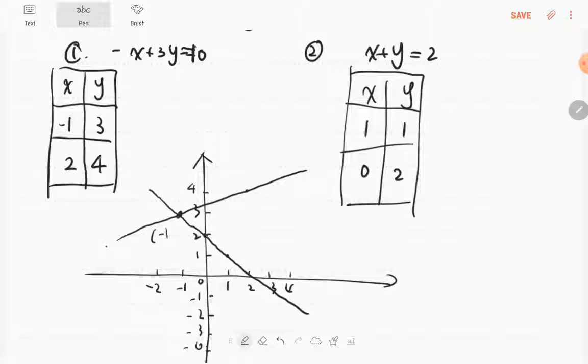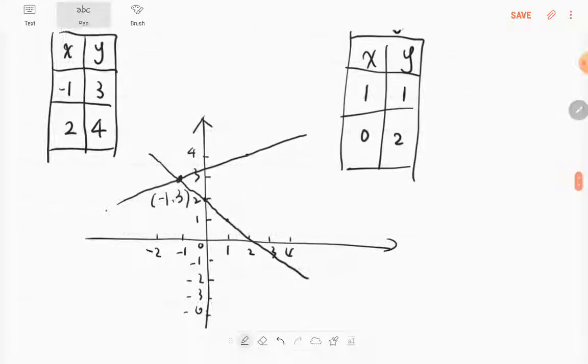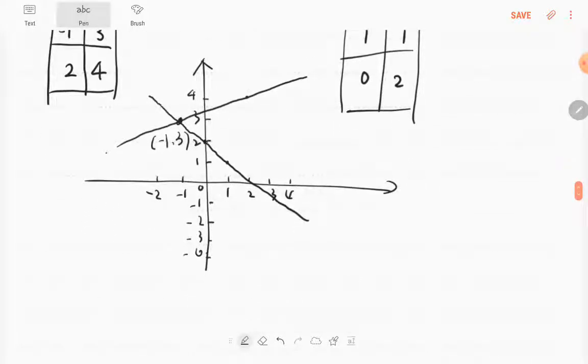If we look at this point, we can find the number here. It's negative 1, 3. So we will get the solution from the graph. We will get this point. This is the point of intersection.